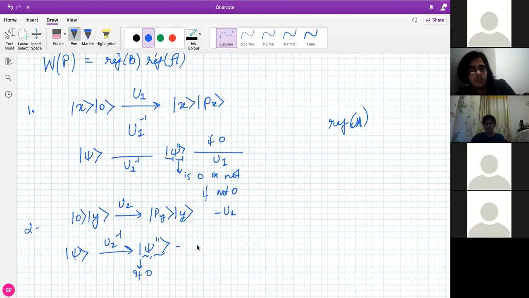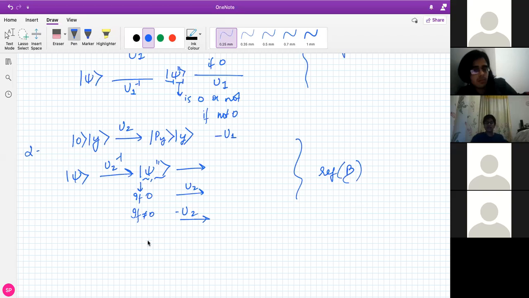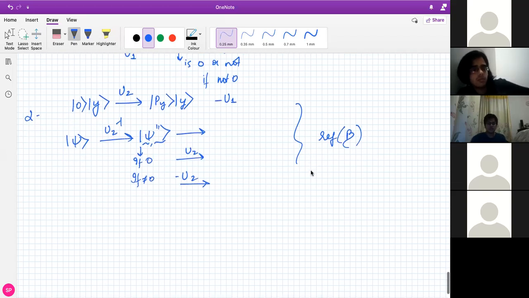If it is 0, you just do U2, if not 0, you do minus U2. Same thing. So here you have implemented reflection about B. So I showed you the existence of unitaries that can actually do what reflection of A and B were doing.